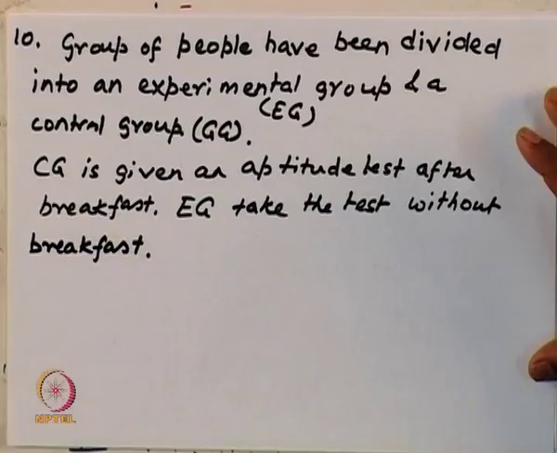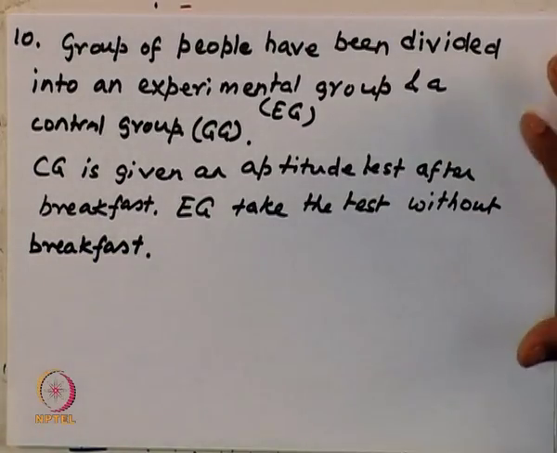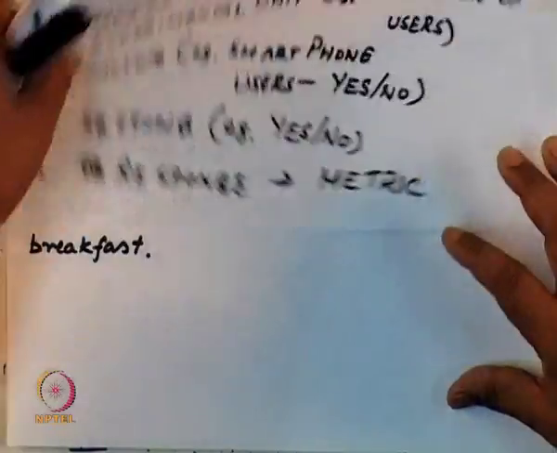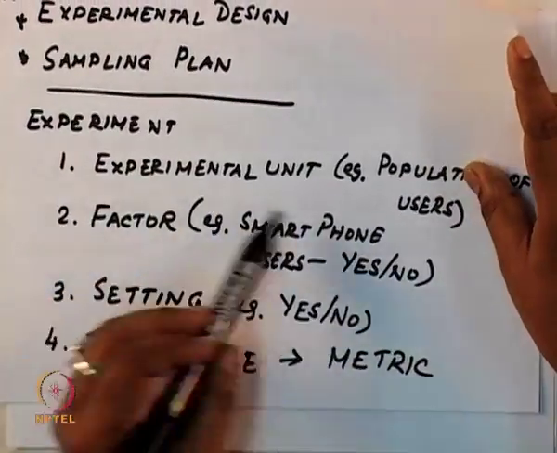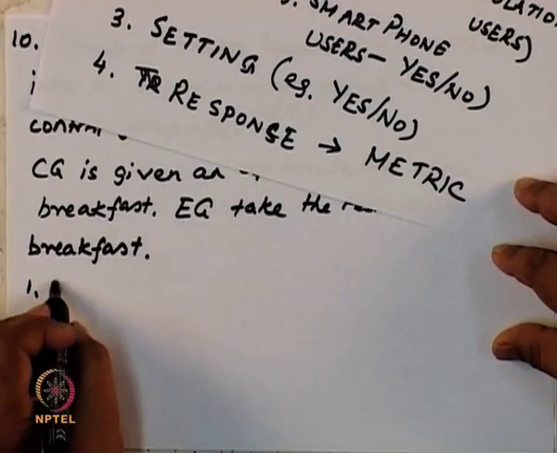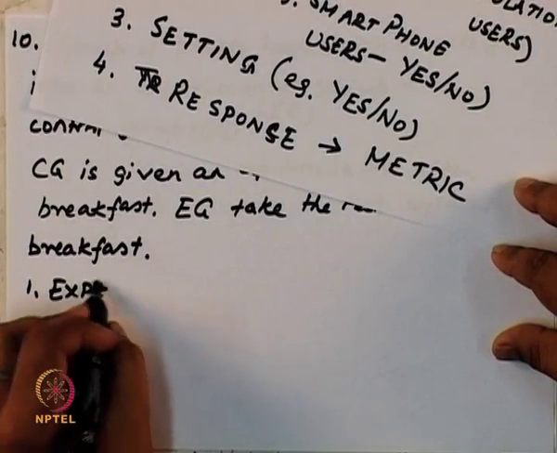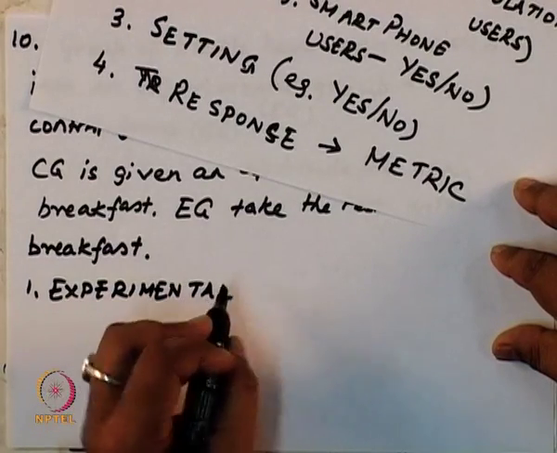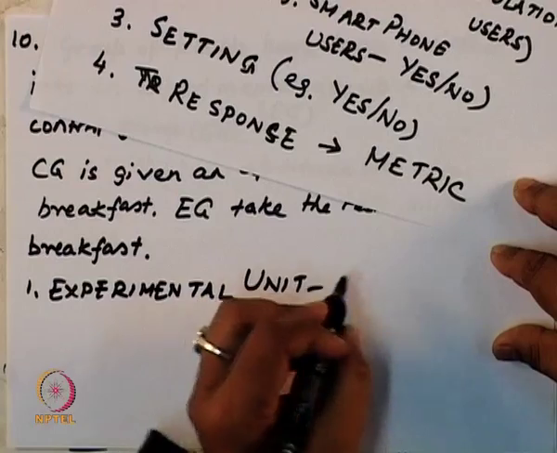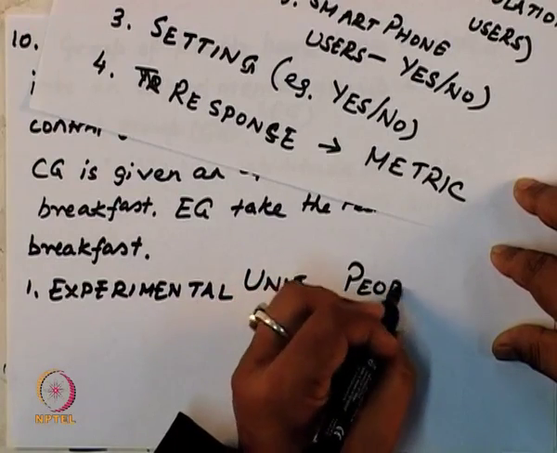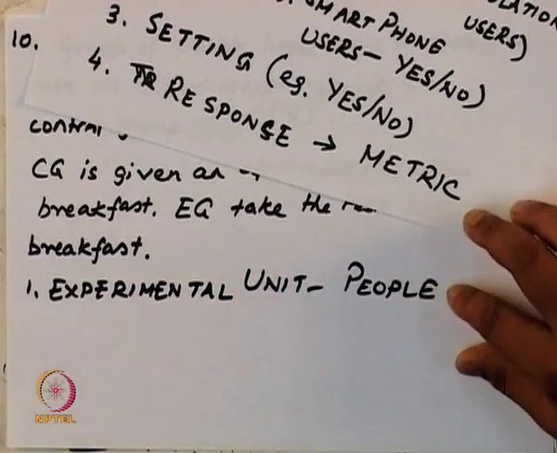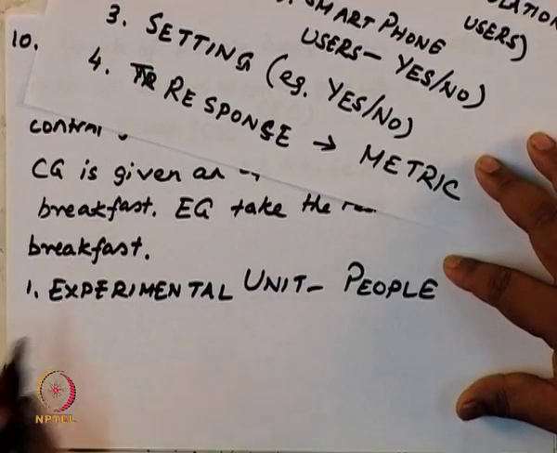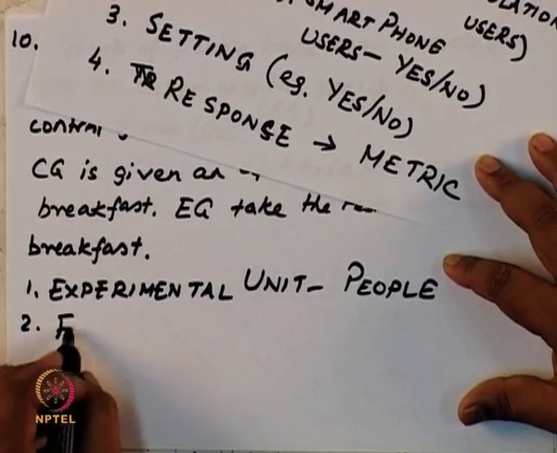So, let us identify each of the things that we said. What is my experimental unit? In this case, it is just people, the people who are taking the test, both the experimental and the control group. What is the factor?